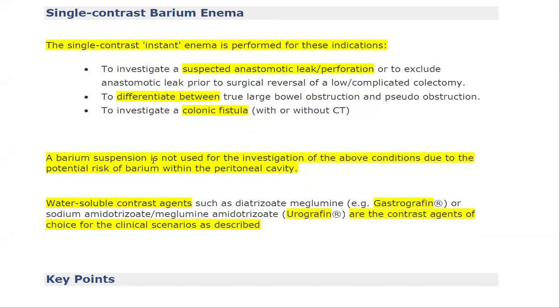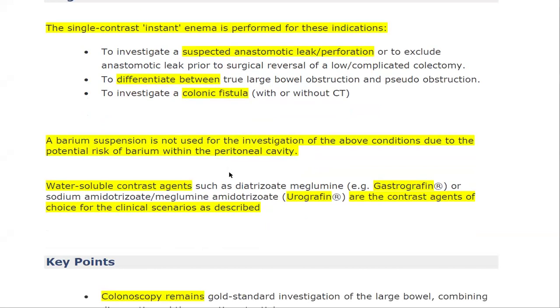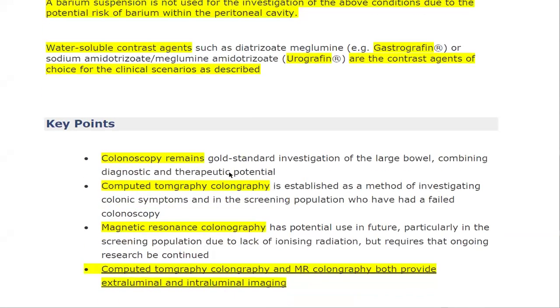A barium suspension is not used for the investigation of the above conditions due to the potential risk of barium within the peritoneal cavity. You are not going to use barium in these patients. You will use water-soluble contrast instead, if the patient has risks of perforation or leakage. So here are very important key points.